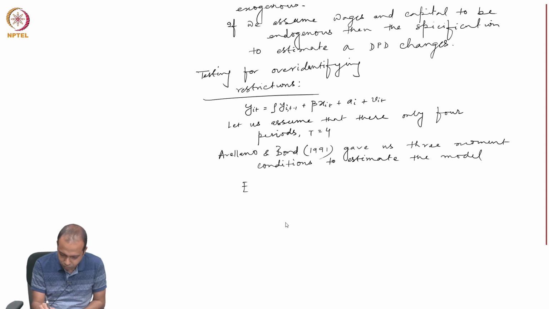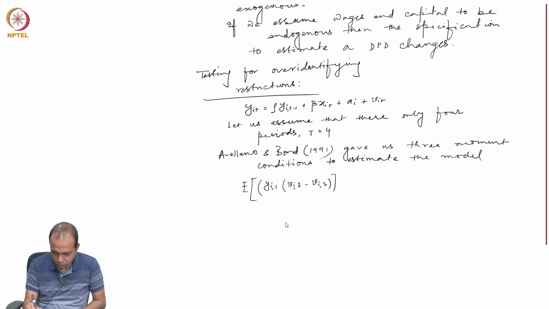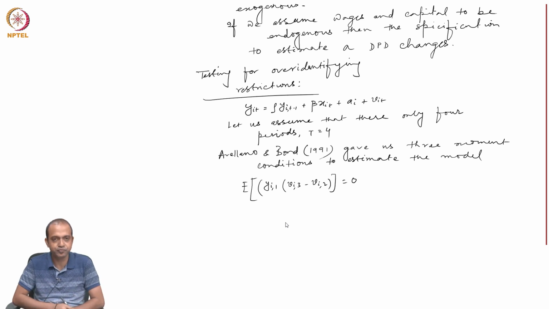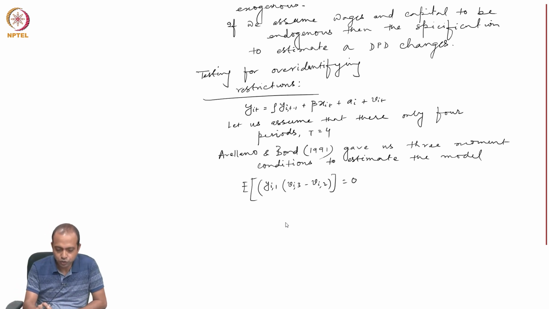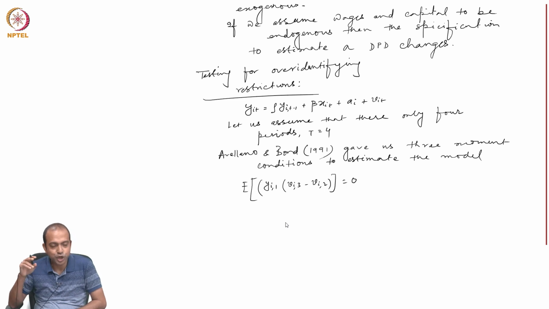Expectation of y_i1 times (v_i3 minus v_i2) equals 0, right. So, when you have T equals 4, for the third period you will have only y_i1 as the available lag.